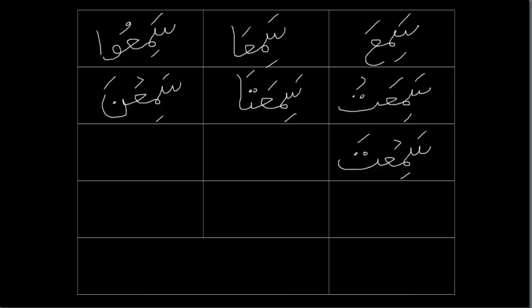So all you did was the same thing. Sami'a stays the same. On the ayn, you're putting a sukoon on, and then now you're changing the ending. Sami'na over here is going to be Sami'ta, Sami'tuma, Sami'tum. So huwa sami'a, huma sami'a, hum sami'u.